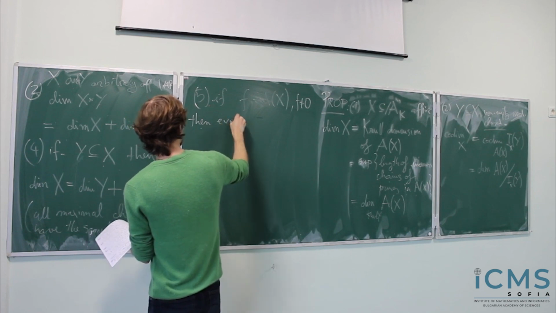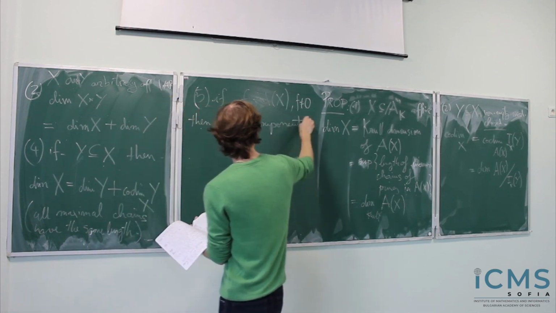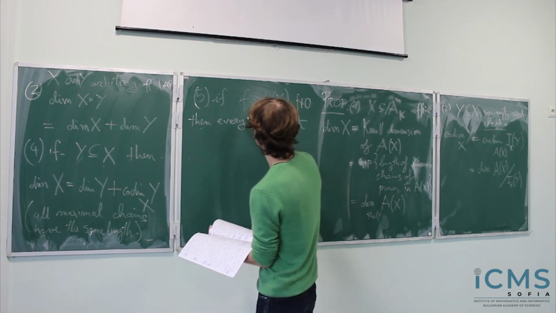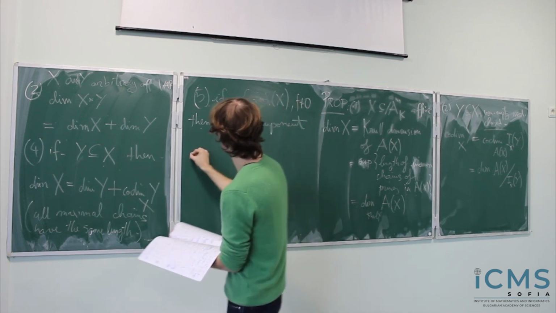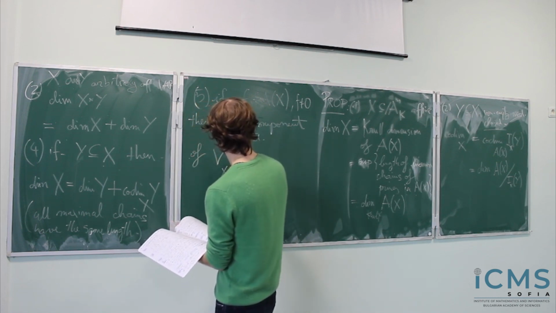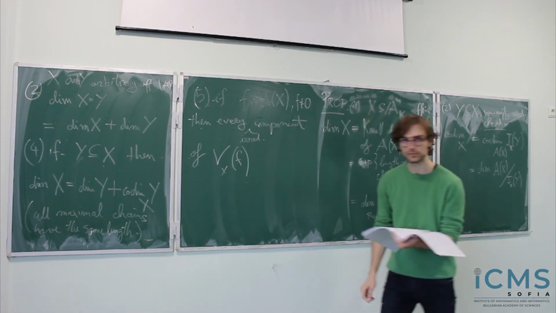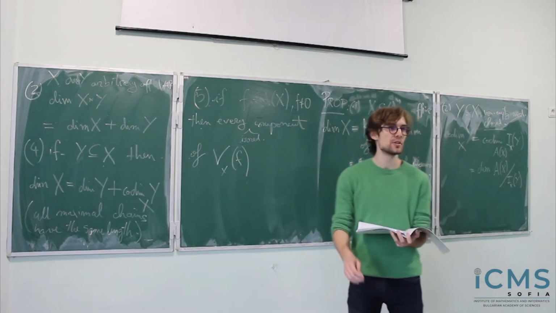Then every irreducible component of V of f has codimension 1.